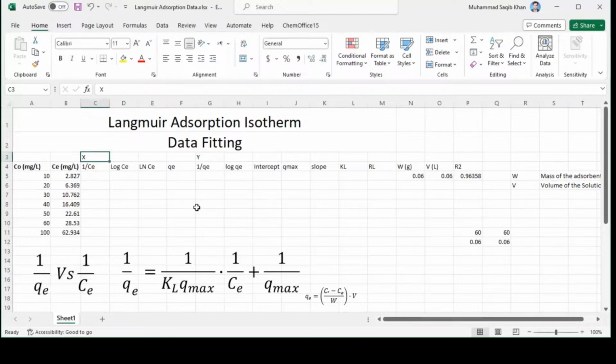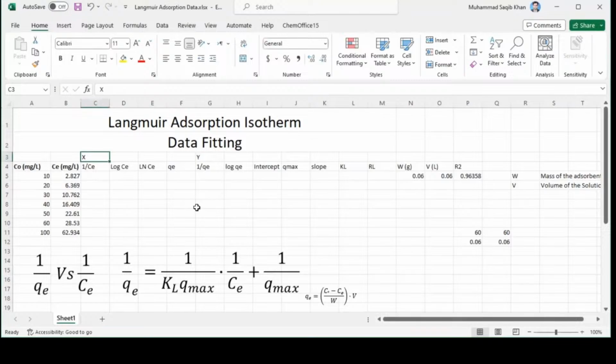In those videos they use one initial concentration, basically the concentration which the authors used for the optimization of their system. For example, I used 30 ppm in my paper, so I reported the RL value for 30 milligram per liter.